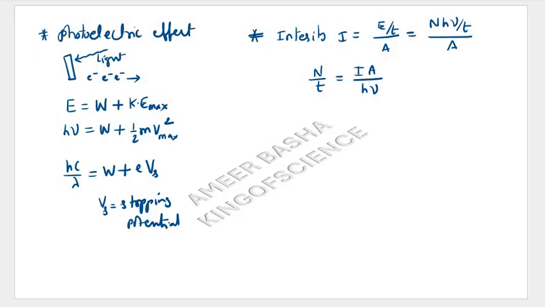In this way I can relate it with the number of photons. The number of photons per unit time is directly proportional to intensity. More intensity means more photons incident per unit time. Energy incident per unit time is also called the power of the source.